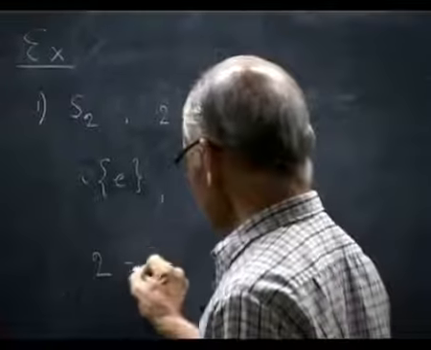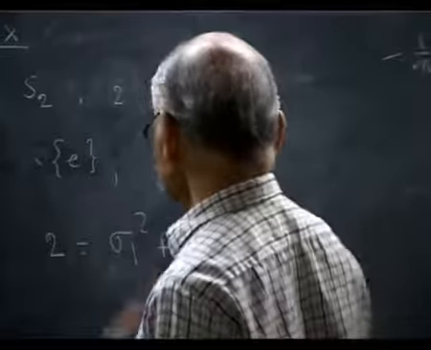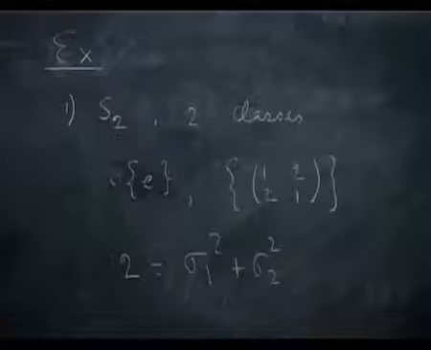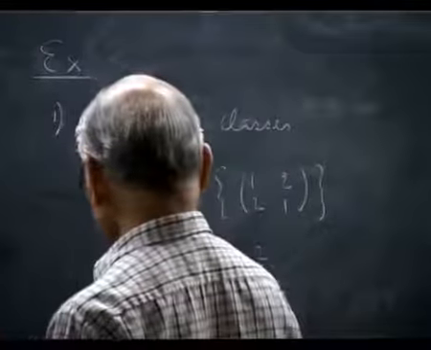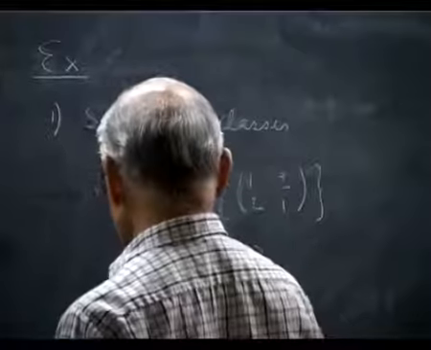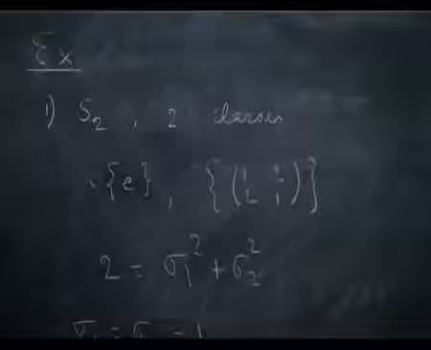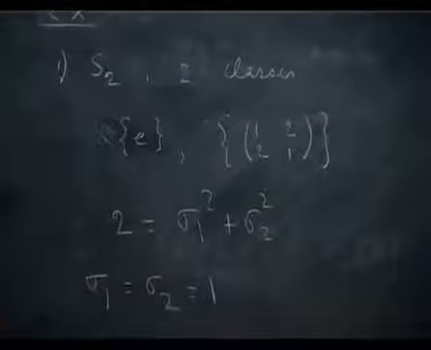So it is sigma 1 squared plus sigma 2 squared equals 2. There is only one solution in integers: sigma 1 equals 1 and sigma 2 equals 1. So there are only two irreducible representations.